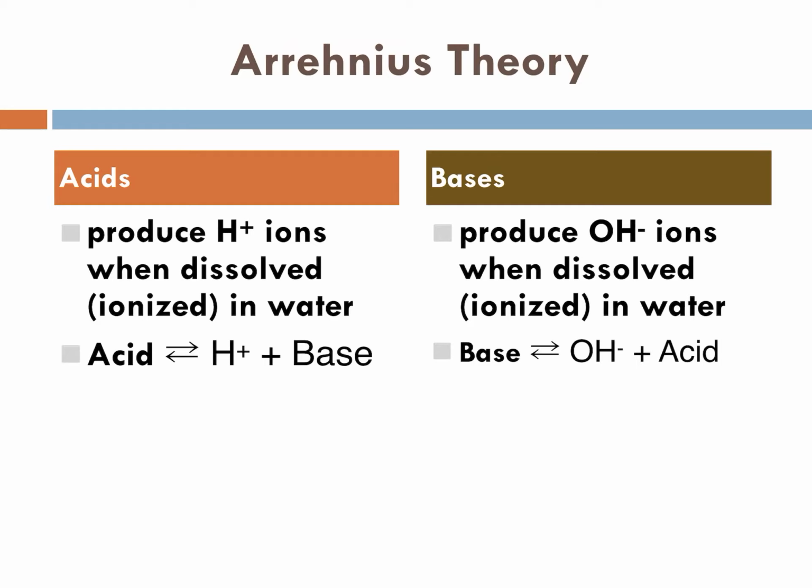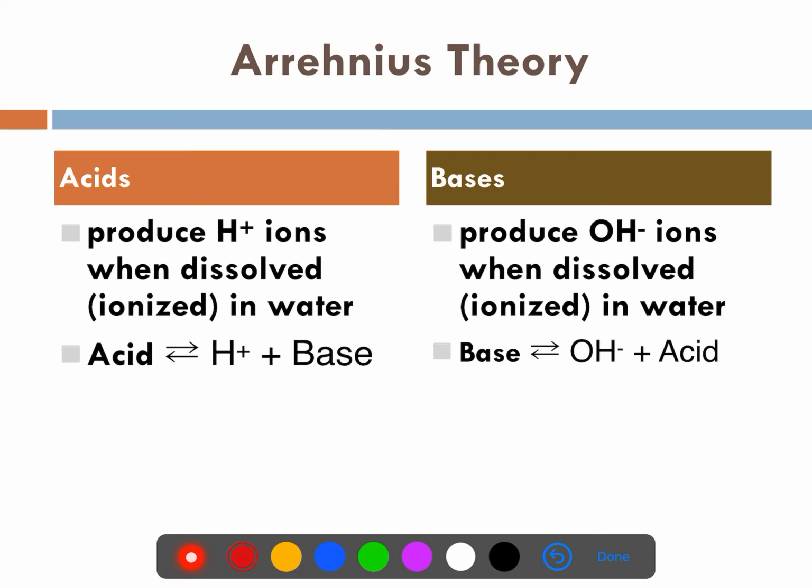All right, three different theories of acids and bases. None of them are wrong. The first theory that came out about acids and bases is by a scientist by the name of Arrhenius. And Arrhenius said, hey, an acid is, and this is the definition we've been working on all throughout the course, anything that when it dissolves in water produces H+, and a base is anything that dissolves in water and produces OH-.